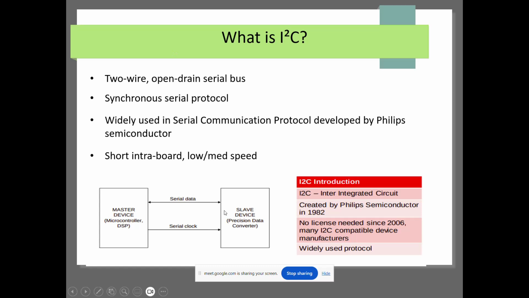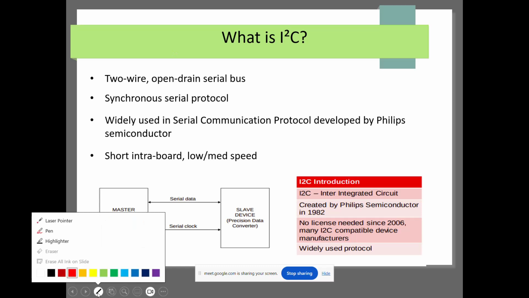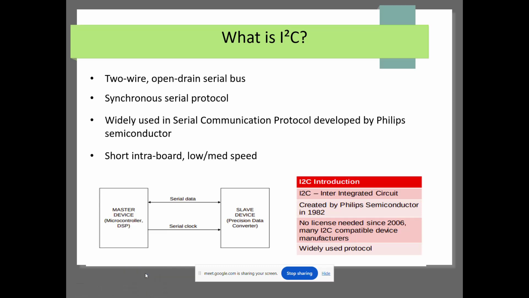Okay, so here what I'm saying is, I2C is an inter-integrated circuit. It has two wires, and those are an open drain serial bus. What does open drain mean? Everyone is only trying to pull the SDA line from high to low, and the clock is maintained high.